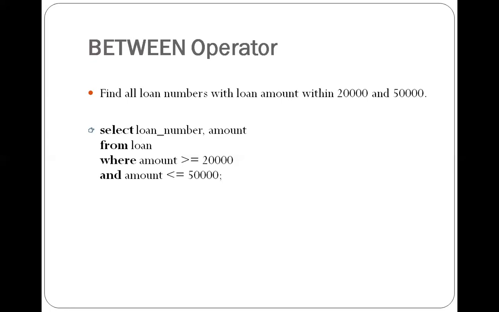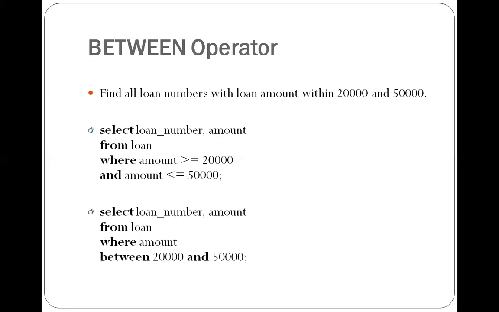So we can write the query in this way also, that is select loan number comma amount from loan where amount between 20,000 and 50,000, right? I hope this is clear to all of you.